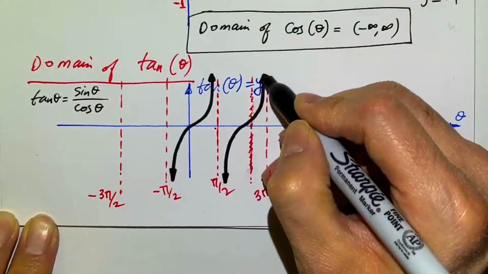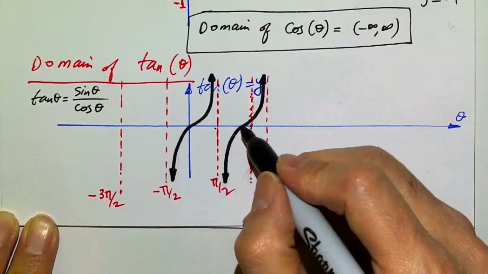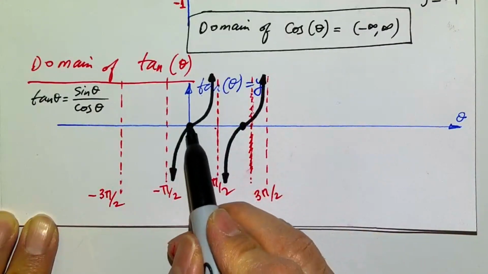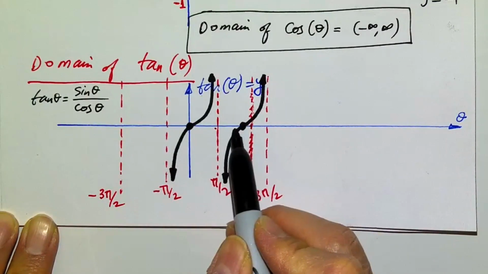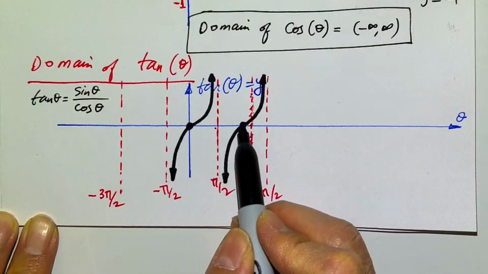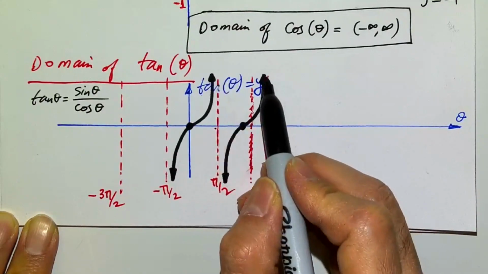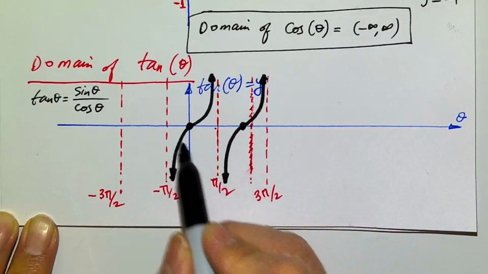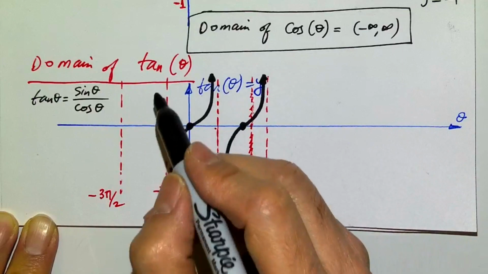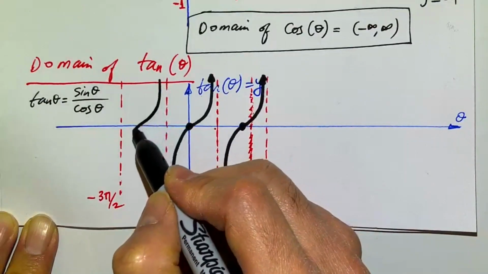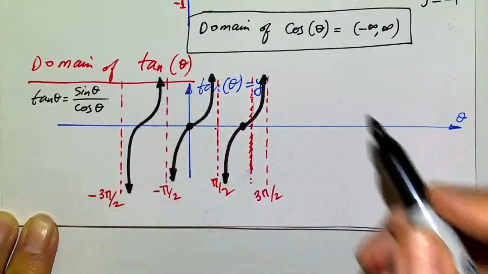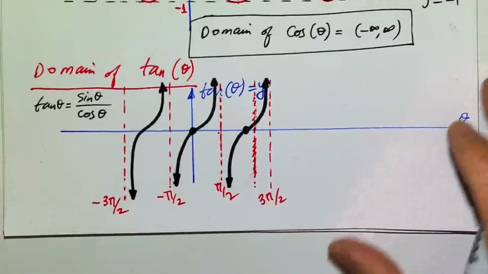So do you see how these periodic functions repeat themselves, right? So from equivalent points is one period. From here to here, from here to here, that's one period. From here to here is one period. And then this one repeats itself on this side, and on and on and on. Okay?